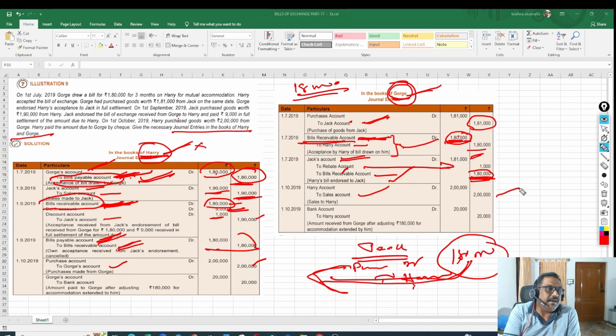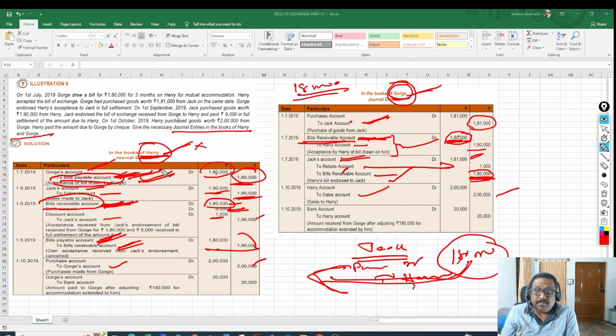After that, what happened? Who has to pay now? He purchased goods. Harry has to pay amount to George, right? But George has to pay him 1,80,000 rupees, right? Why? Because he accepted the bill on mutual accommodation.